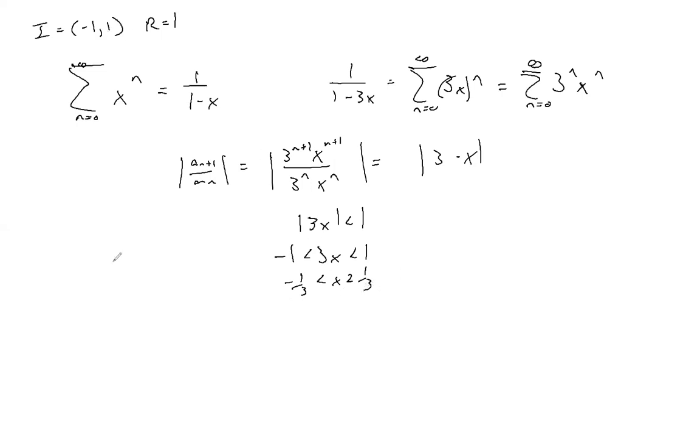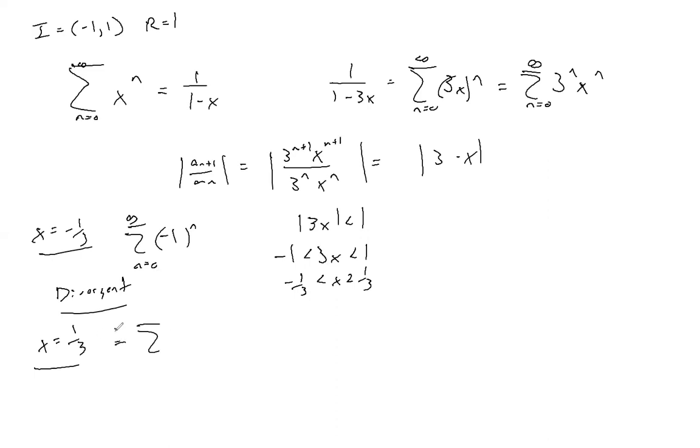Let's see what happens when we test the endpoints. I'd plug negative 1/3 in here, and what would I get? The series would simplify as negative 1 to the n. This is divergent by the divergence test. Again, we would need to show this more carefully, but hopefully you can see that. Now I'm going to check x equals 1/3. When I plug that into my series, I get just 1 to the n.